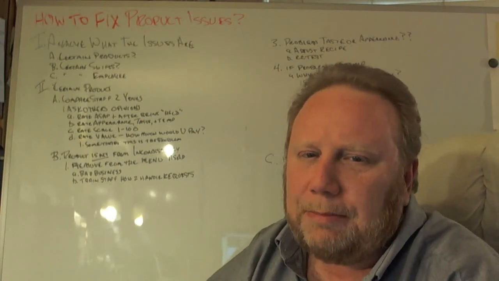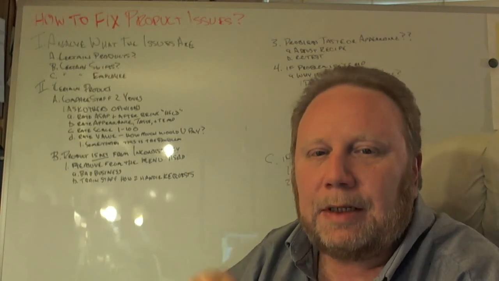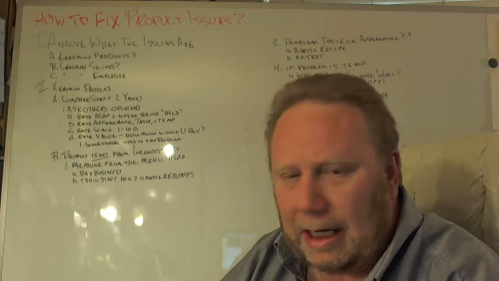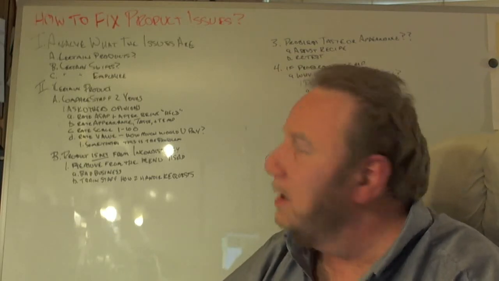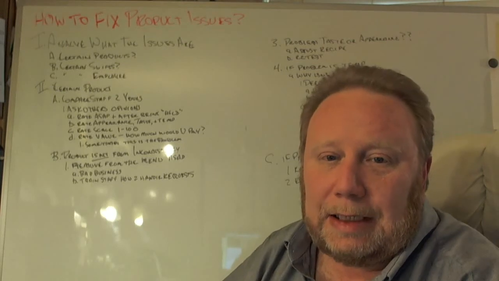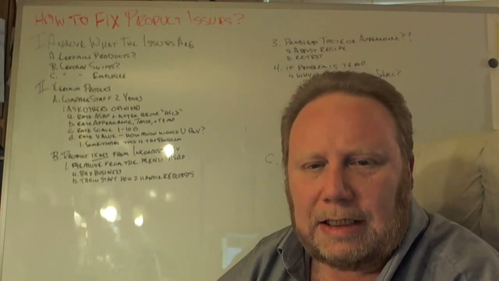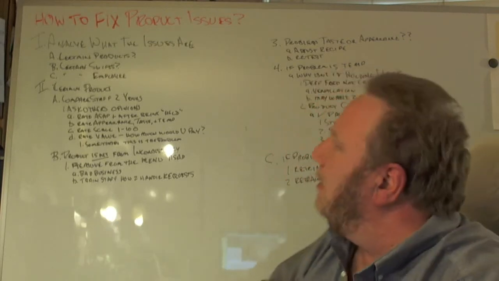The portioning issue you can handle with your POS system to find out, when it relates to food cost. But this is assuming that you're getting complaints about a particular product or products, so that's really more what this is about.